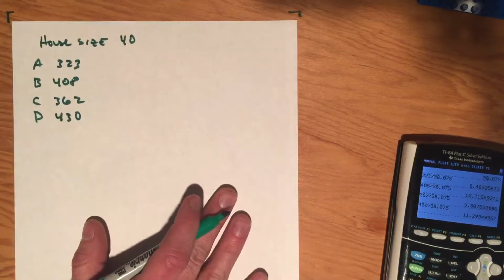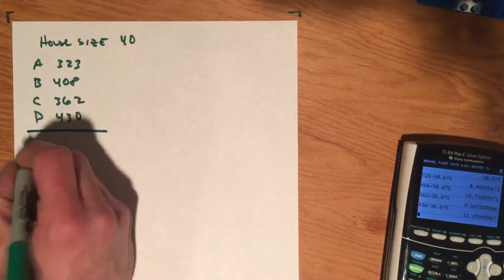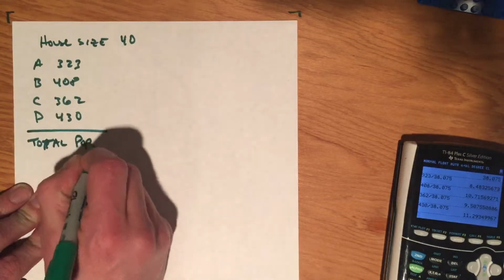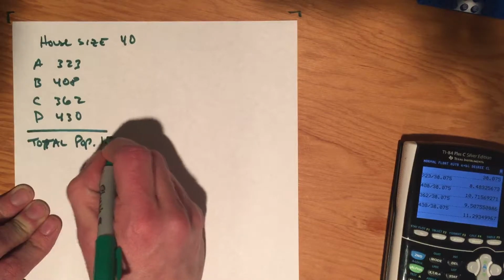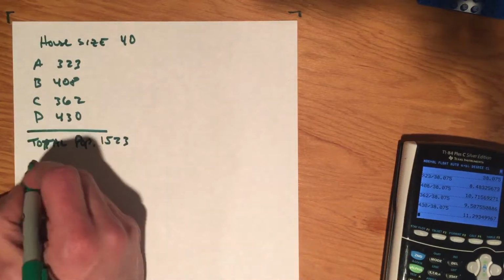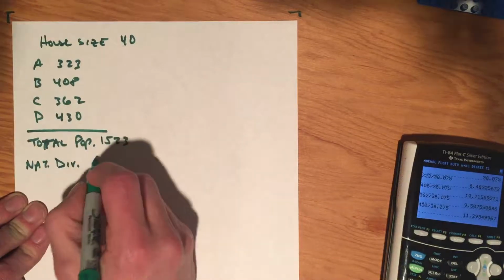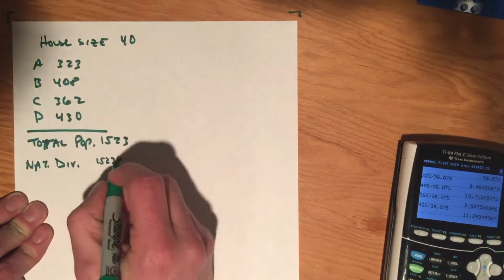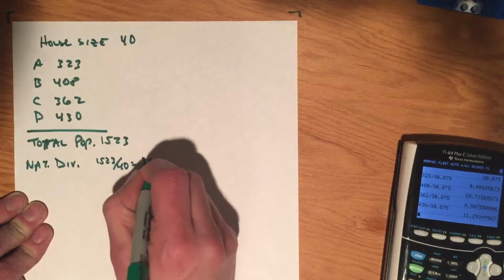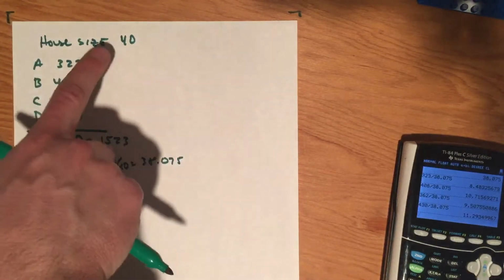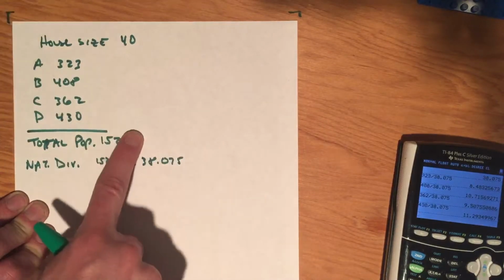Total population stayed the same, 1523. That means our natural divisor, 1523 divided by 40, is 38.075.